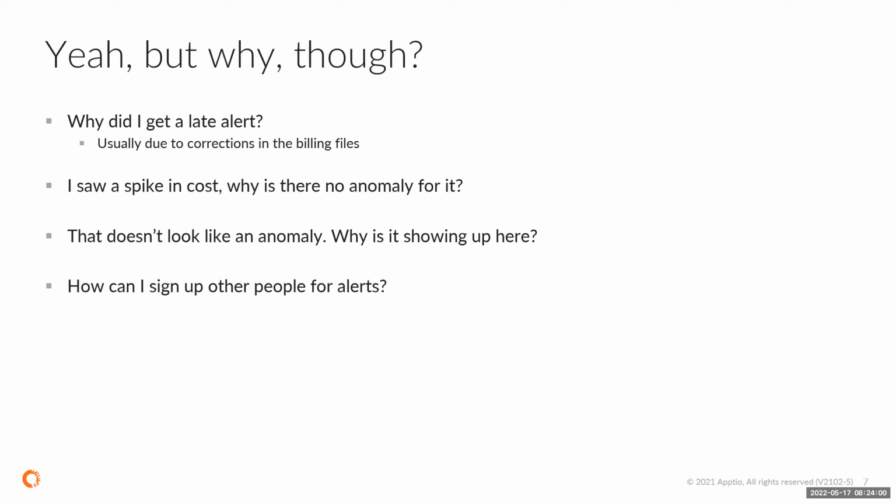And when we scan for anomalies, we're not just looking for today or yesterday. We're scanning the whole thing for anomalies that we haven't caught yet, because those kinds of changes do happen. And if they happen, we still need to know about it. But it can be quite confusing because it's not always obvious.